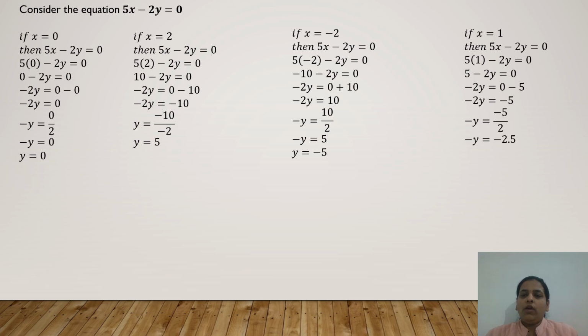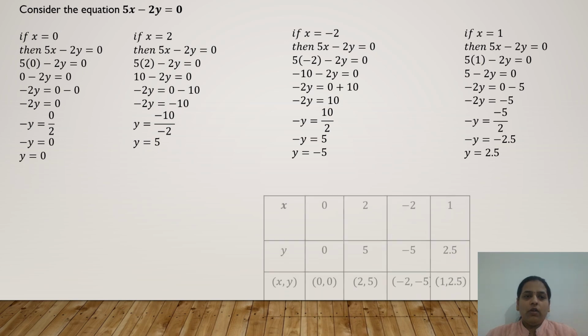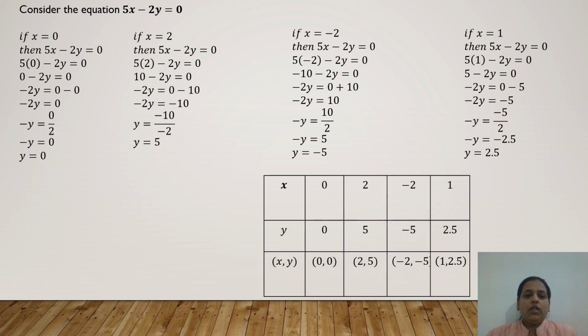When we divide minus 5 by 2, the result is minus 2.5. Then y is equal to 2.5. So these are the four ordered pairs of the given equation 5x minus 2y is equal to 0. So construct the table accordingly.